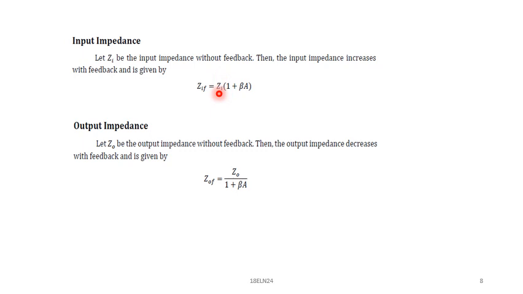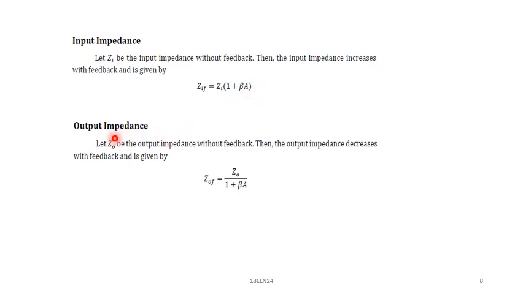Suppose I consider ZA is 1 kilo, this will be multiplied to that, so there will be an increment in the input impedance. Generally in a voltage series feedback amplifier, the input impedance will be improved. You just have to remember the equation here, ZIF is equal to ZA into 1 plus beta into A.